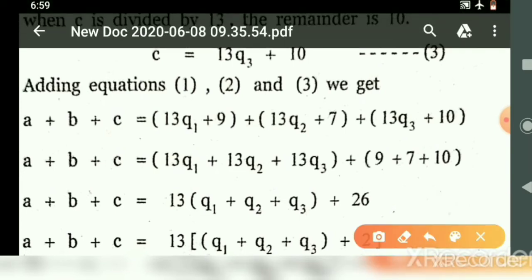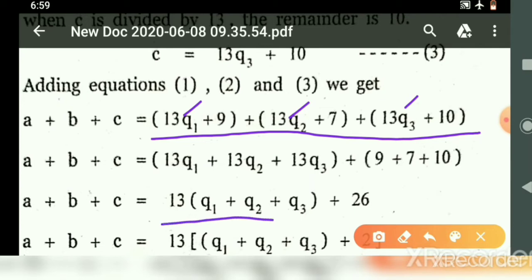So adding the three equations, 1 plus 2 plus 3, a plus b plus c is equal to 13 Q1 plus 9 plus 13 Q2 plus 7 plus 13 Q3 plus 10. 13 Q1, 13 Q2, 13 Q3 are common, so take 13 outside: 13 into Q1 plus Q2 plus Q3.